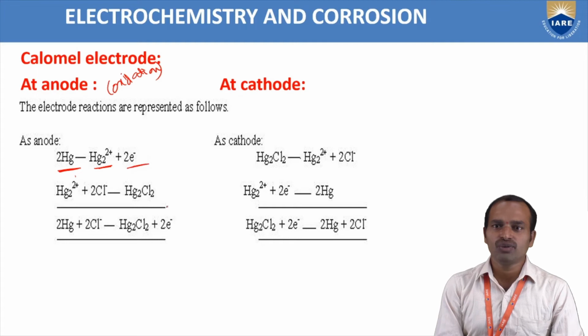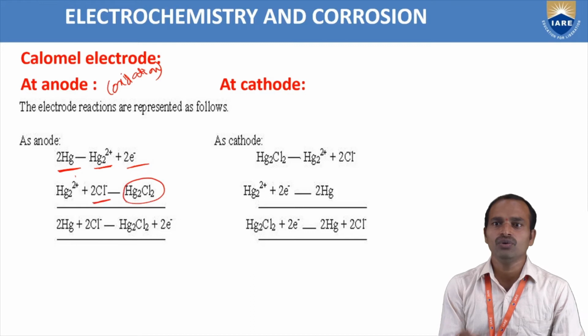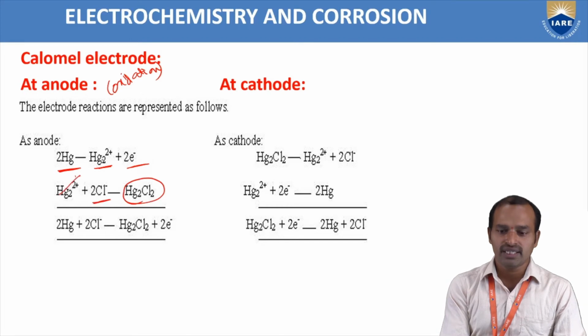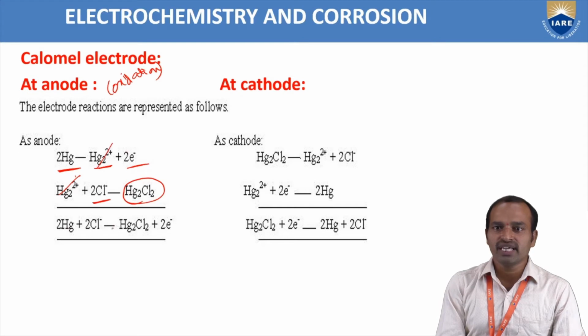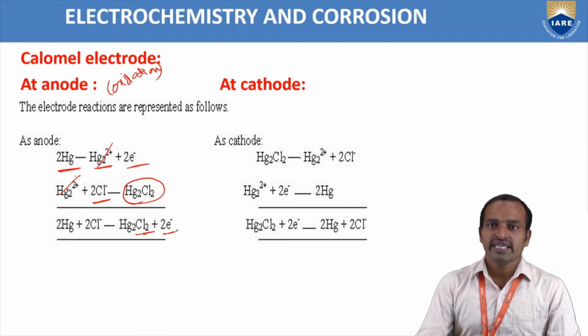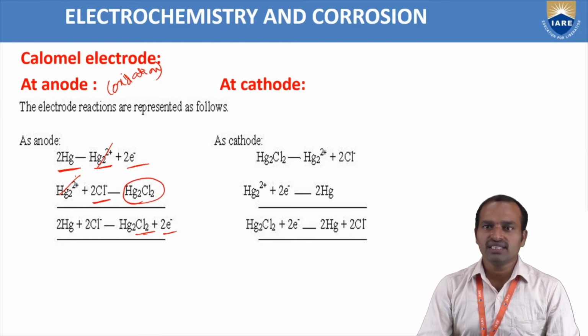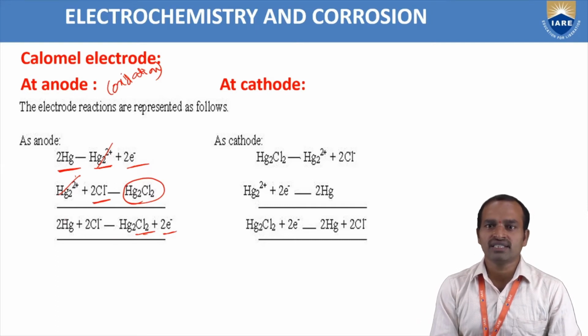The formed Hg2 2+ reacts with 2Cl minus to form Hg2Cl2. The overall reaction is 2Hg plus 2Cl minus giving Hg2Cl2 plus 2 electrons. At the anode, oxidation occurs, and the Cl minus ions react with Hg2 2+ to form Hg2Cl2, so the Cl minus ion concentration falls.